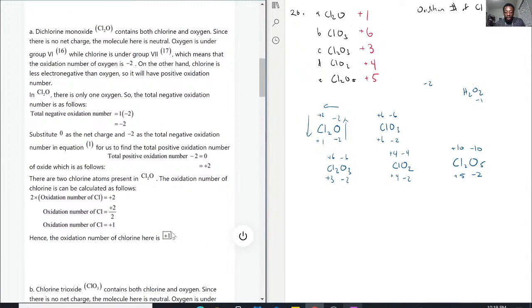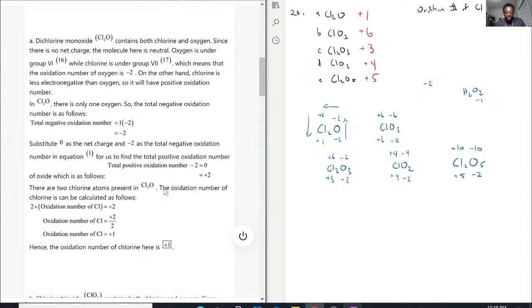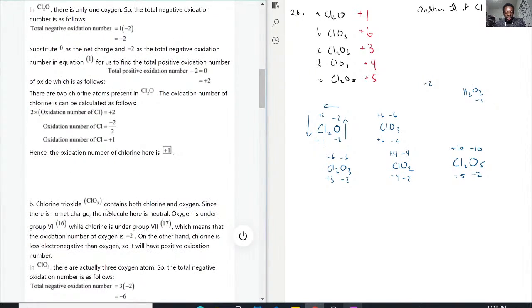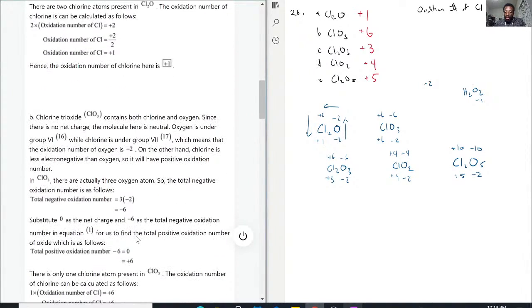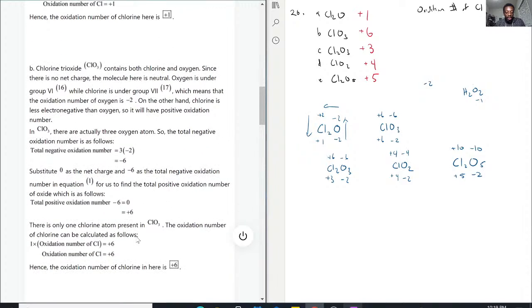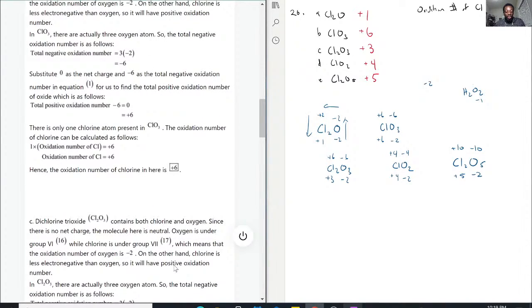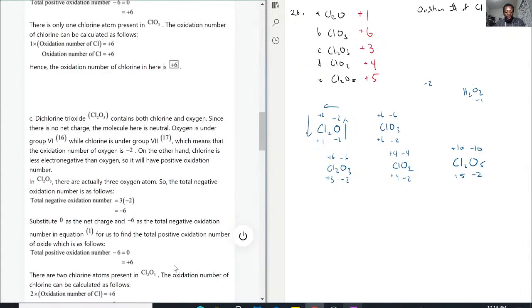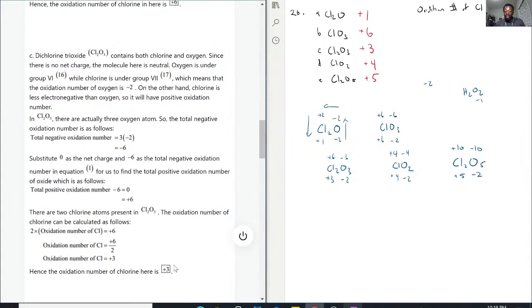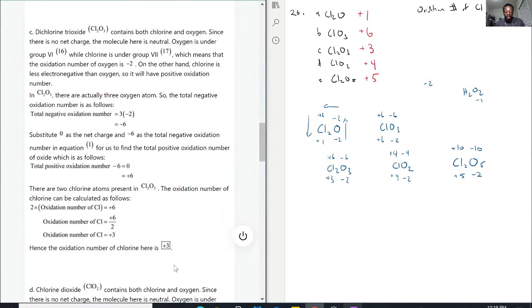So that is how we get +1 in the Cl2O. Perfect. In the Cl(O3), we get +6, so that is perfect. The Cl2O3, as they call it, dichlorine trioxide, we get +3. Good so far.